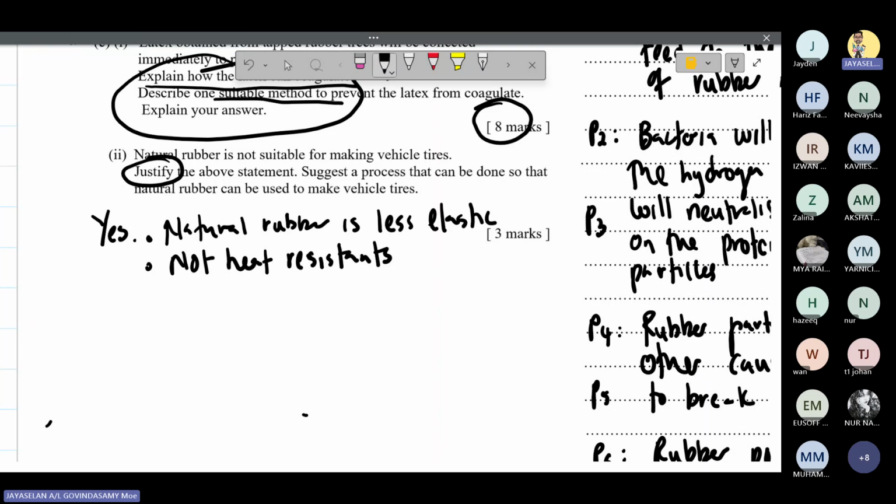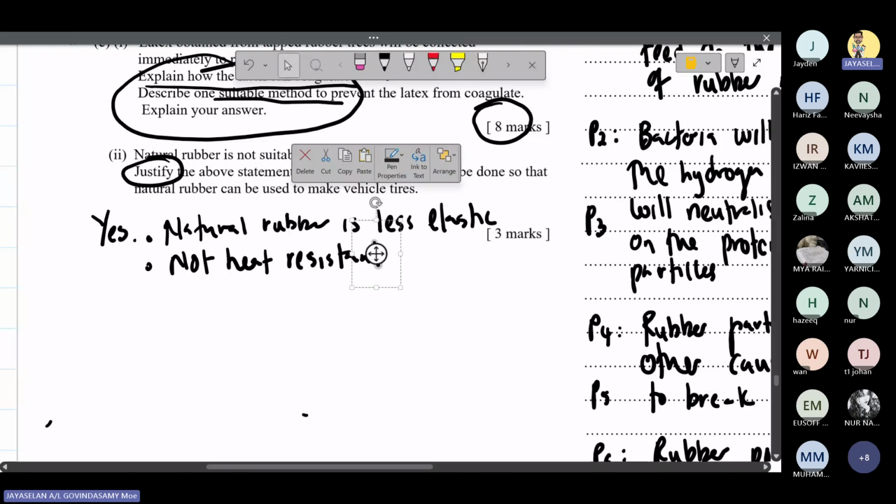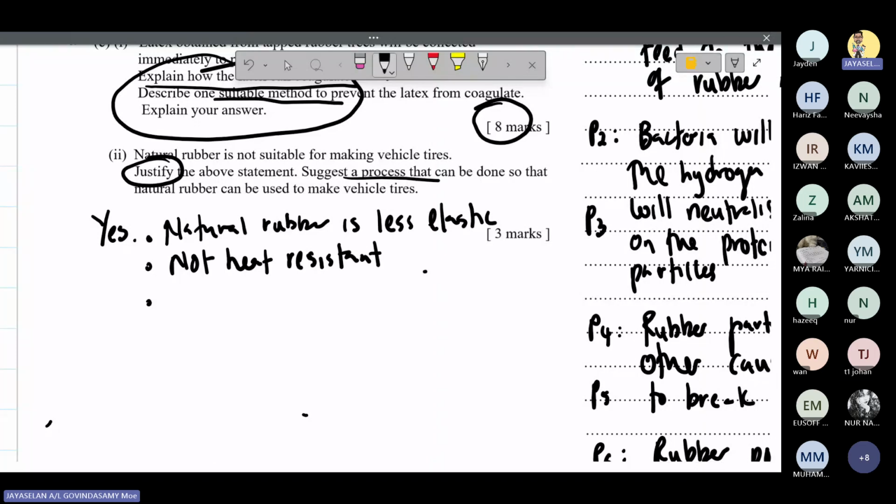So you already get 2 marks for this. Any question? Then they want you to suggest a process. What is the name of the process you can suggest to increase the elasticity, by adding sulfur crosslinks? We call it the vulcanization process.